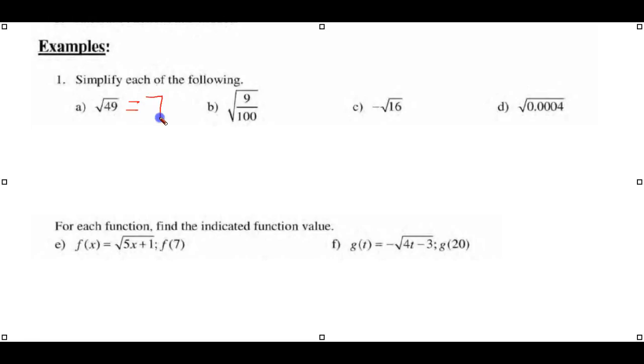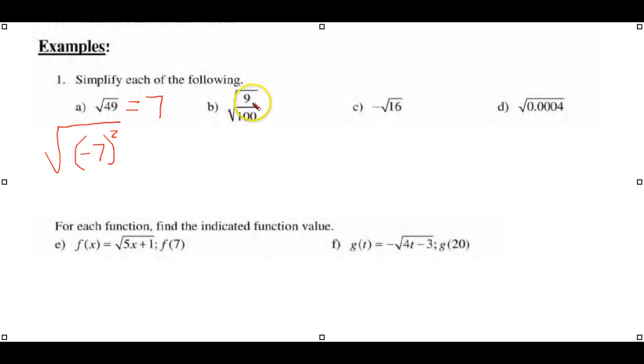And that is 7. Now later we'll know that it also could be a negative 7, in a sense we're squaring to get 49. But here we're looking for the principal or non-negative square root.